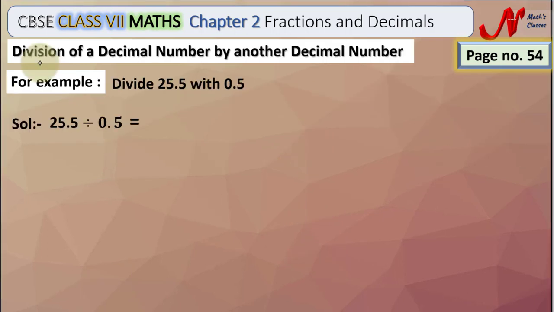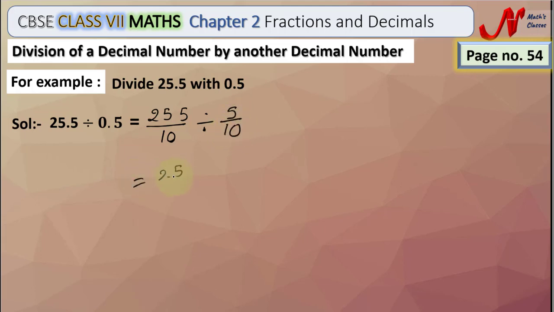Now we discuss the division of decimal numbers by another decimal number. Page number 54. For example, divide 25.5 by 0.5. We already know that 25.5 can be written as 255 by 10, and divided by 0.5, which can be written as 5 by 10.